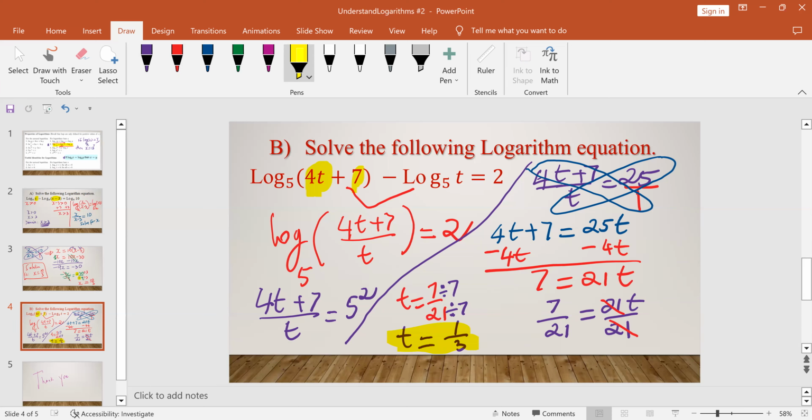That works for the first log, because again, we cannot take a log of 0 or a negative number. Okay, t is 1 over 3. If you replace t here by 1 over 3, also that is fine, that works. So the solution is t equals 1 over 3.